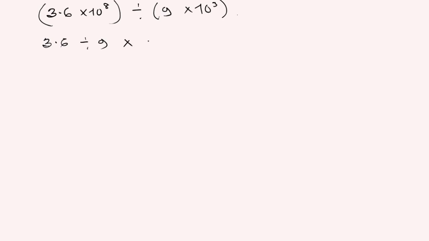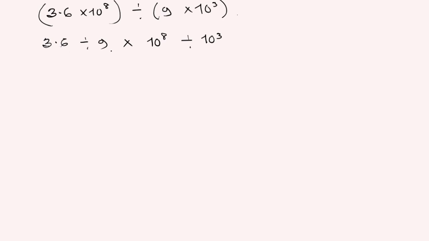The next question says 3.6 times 10 raised to power 8 divided by 9 times 10 raised to power 3. So we solve like we solved the last time, which is 3.6 divided by 9 multiplied by 10 raised to power 8 divided by 10 raised to power 3.